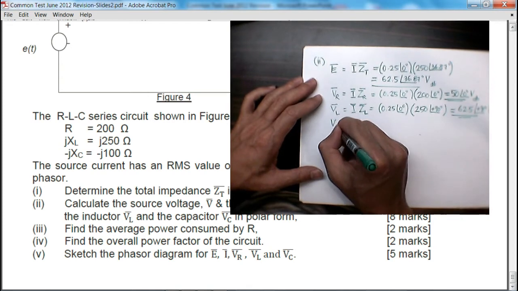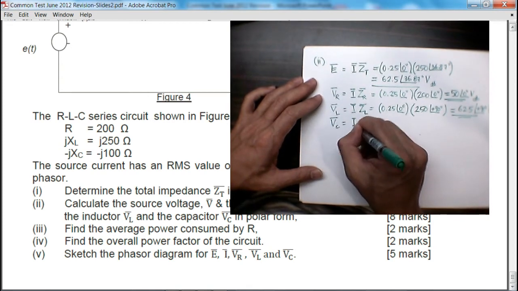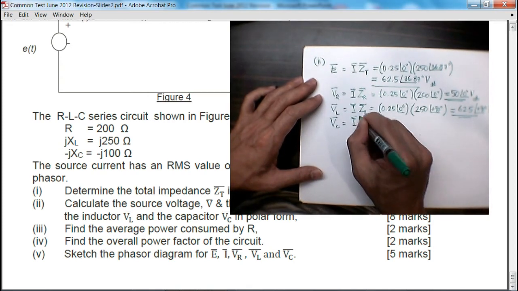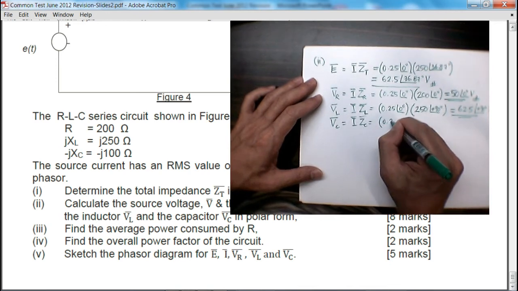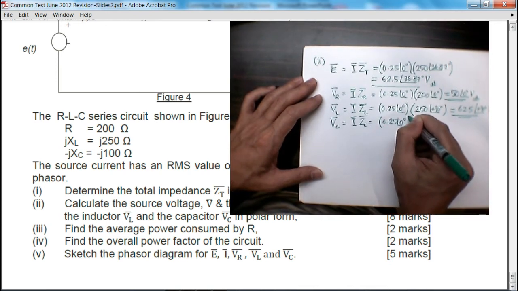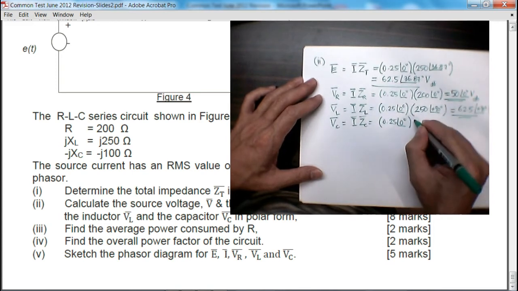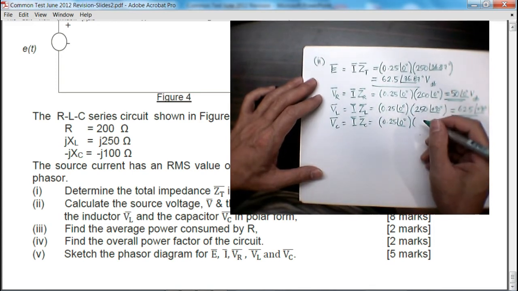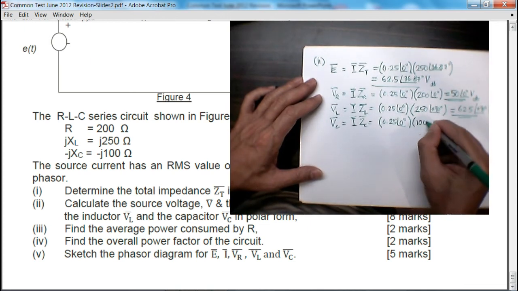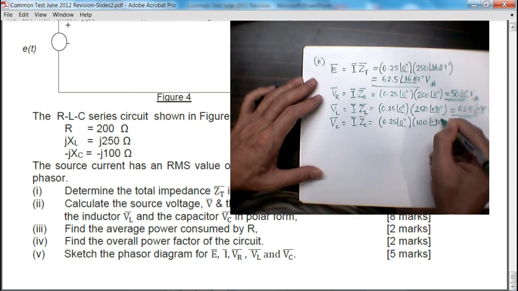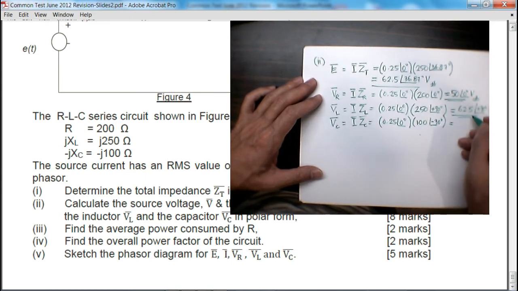Finally, the voltage across the capacitor is I times ZC. This means 0.25 angle 0 multiplied by 100 angle minus 90 degrees. That gives me 25 angle of minus 90 degrees volt.